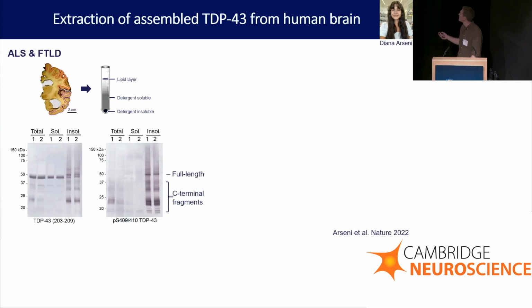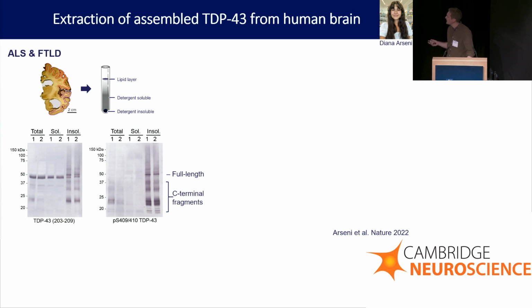And so this was the project of the first postdoc to join my group, Diana Arseni, a fantastic postdoc who did most of the work I'll show you from now on. And essentially, she took the protocols that work well for tau and alpha-synuclein, but did not work for TDP43, which are based on differential centrifugation, the use of detergents to solubilize some of the assemblies from the brain.